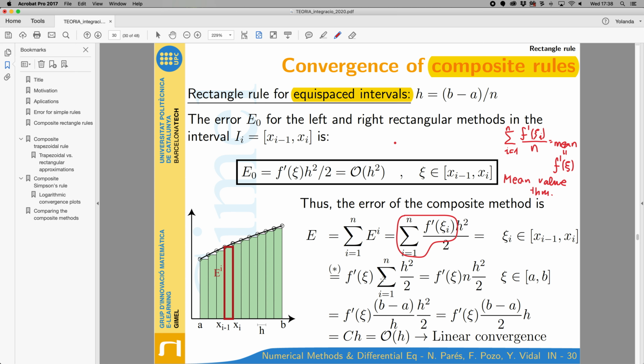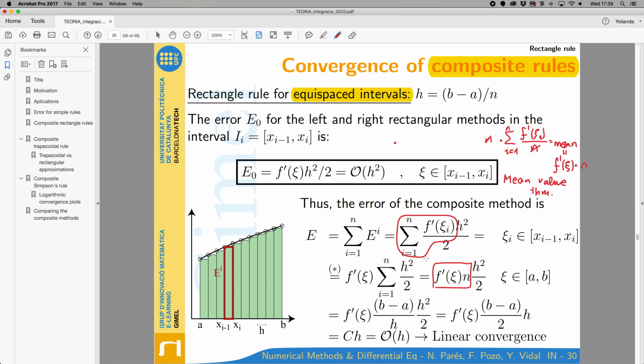Yeah, it's like doing this in one step. Sorry about that. So what I'm saying here is that if I multiply this by n, then this gets multiplied by n. So this f prime times n is equal to this part here, because this n is simplified.